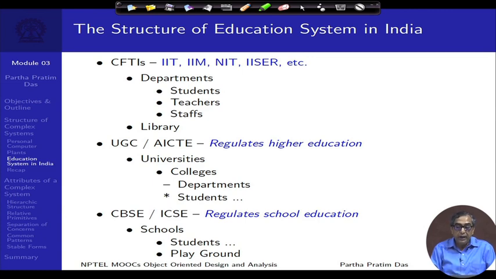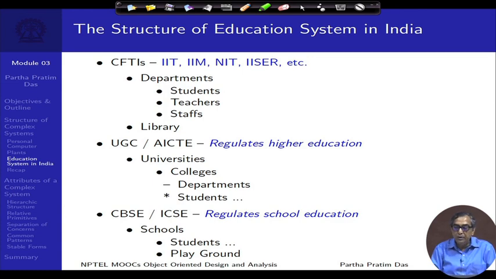Now, if we look into any one of these, particularly say CFTI, an IIT is a CFTI. You will find different departments, library, stadium, auditorium and so on. Every department will have students, teachers, staff. Similarly, if we go to UGC and start decomposing that, you will find universities, universities will have colleges, colleges have departments, departments have students and so on.